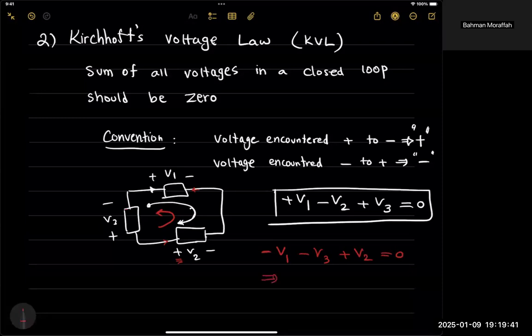If I multiply both sides of this equation by a negative, what I have is V1 minus V2 plus V3 equals 0, which is exactly the same as this one. So what's important here is to stick to this convention, but it does not really matter what direction we choose. We can choose clockwise or counterclockwise. As long as we're sticking to this convention, we should be fine, and there's nothing to worry about.